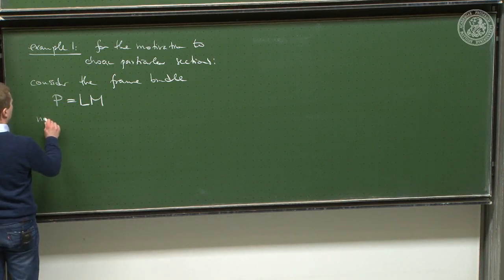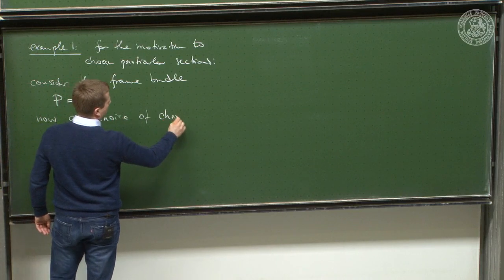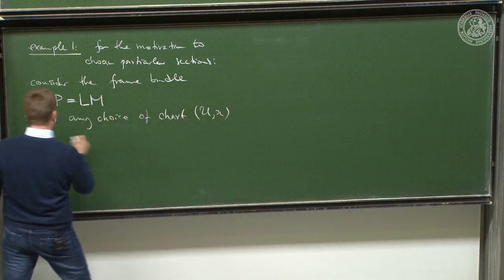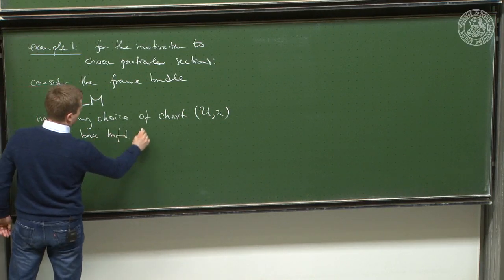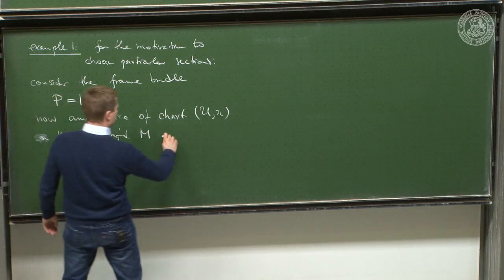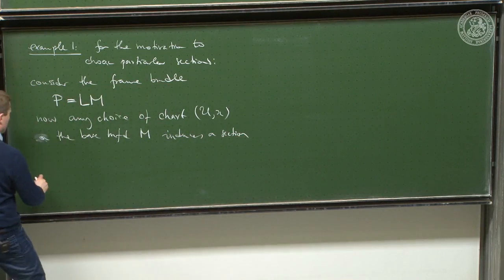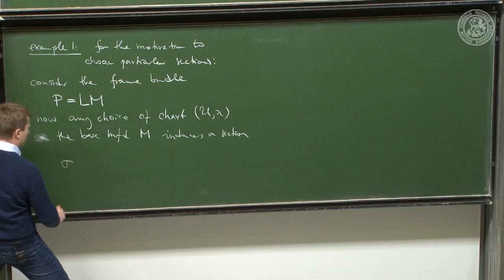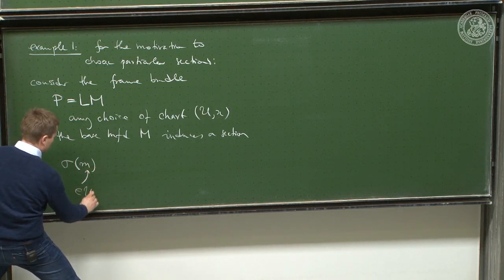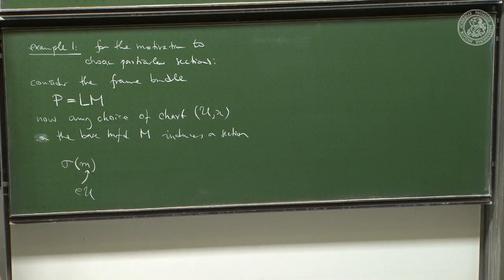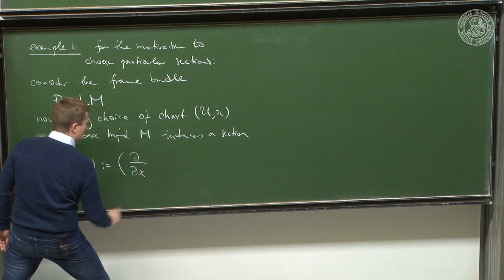And now any choice of a coordinate chart, Ux, on the base manifold M induces a particular section on the frame bundle, namely given by sigma of M at a point M from the local chart domain, where you simply choose the frame provided by this choice of coordinates.